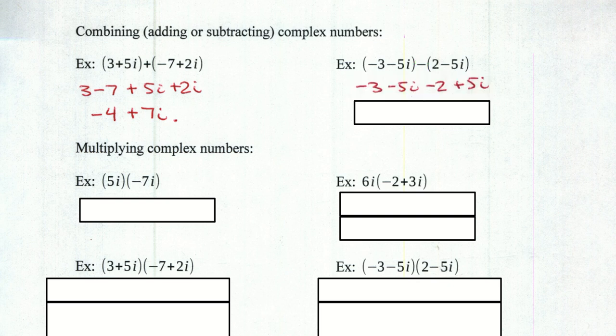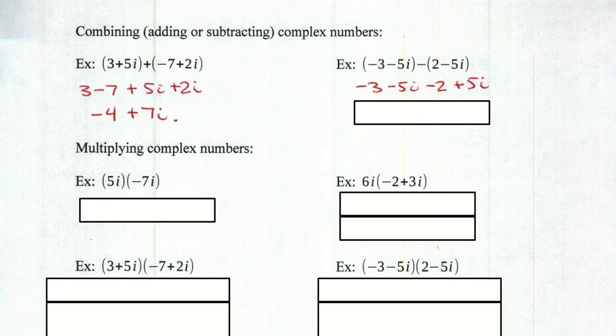Now, the parentheses on the first complex number don't really need to be there. Notice that that negative 3 minus 5i stays negative 3 minus 5i when we perform the subtraction. But when we distribute it, the 2 becomes a negative 2, and the negative 5i becomes a positive 5i.